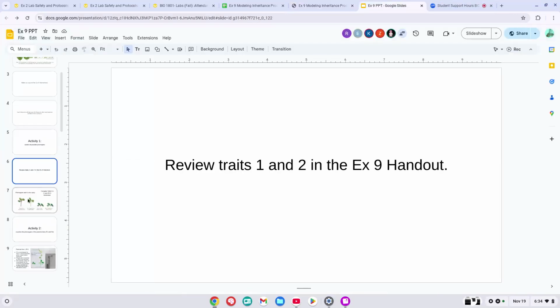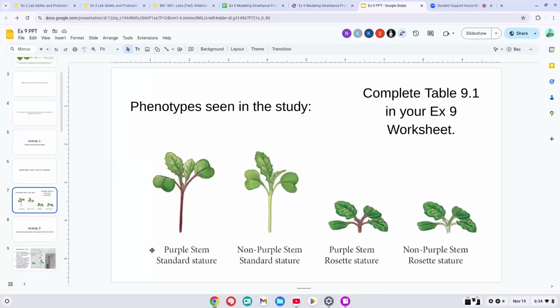And you can see that here. We've got purple stem and standard stature for the phenotypes we'll see in the study. And then non-purple stem and standard stature. Then purple stem and rosette stature, and then non-purple stem and rosette stature. And again, this would come from what? That F1 cross. So we have P1 with our homozygous parental generation, homozygous dominant crossed with homozygous recessive.